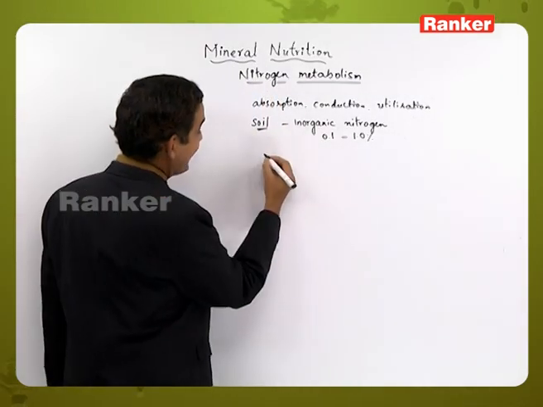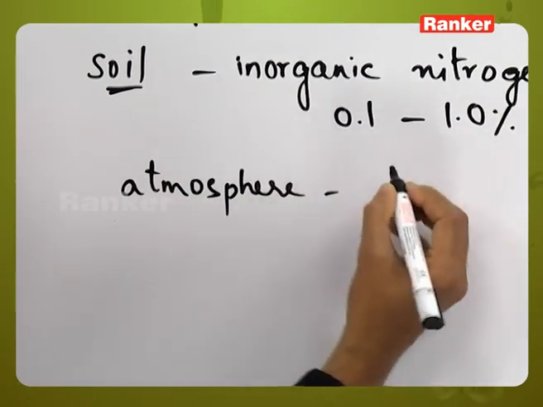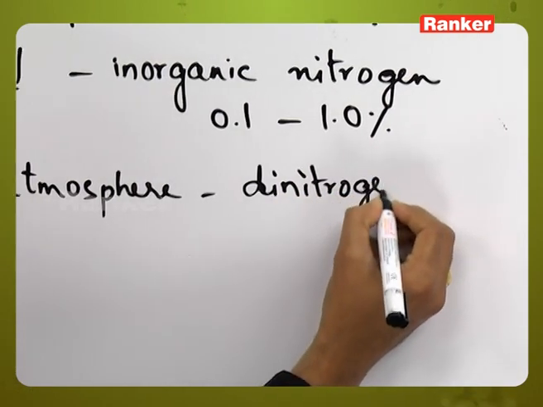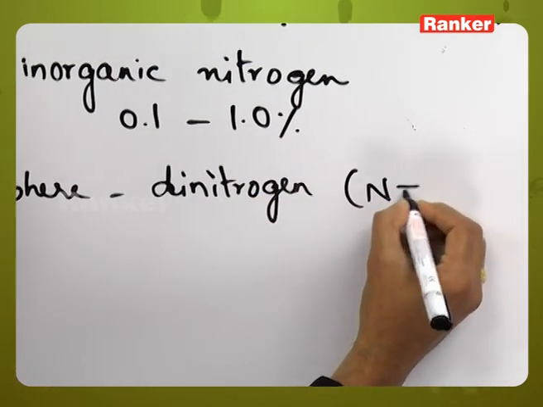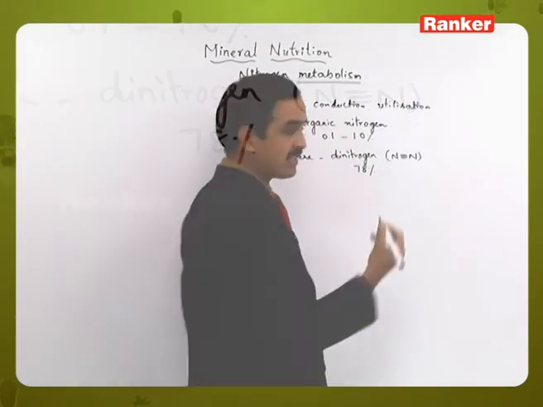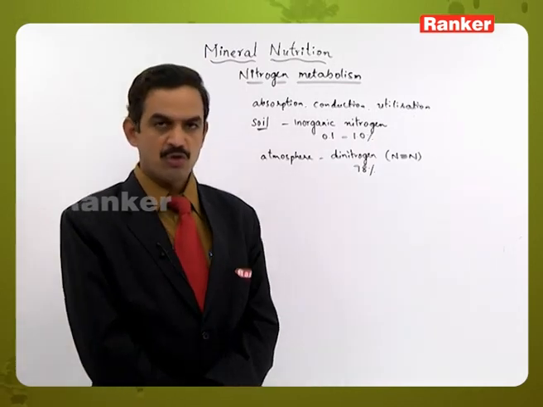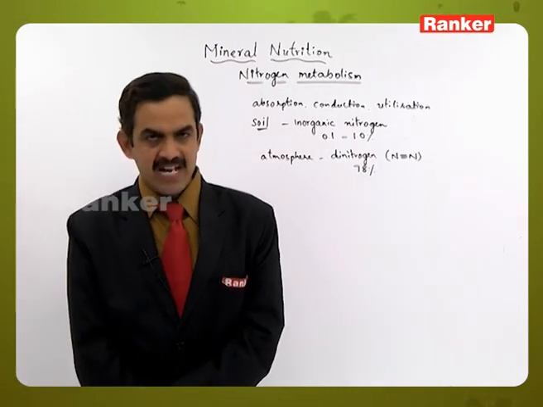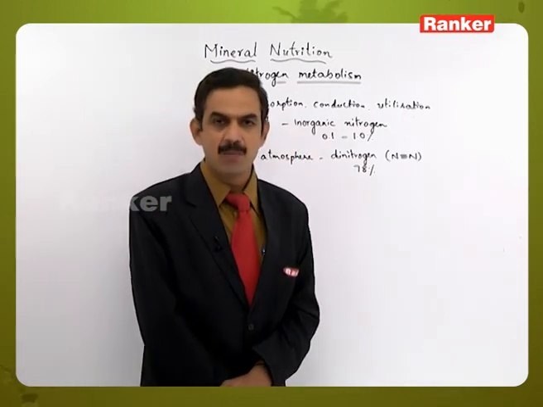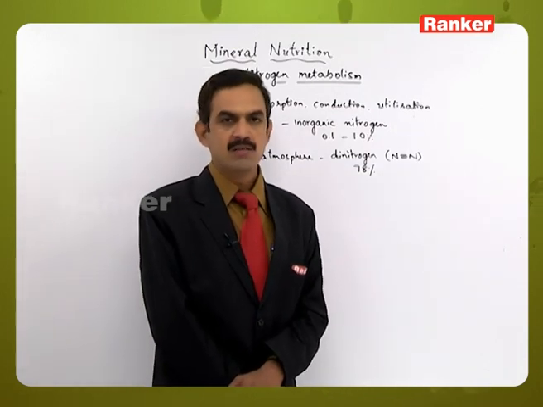But in the atmosphere, nitrogen is in the form of dinitrogen, represented as N triple bond N, which accounts for about 78%. Despite this 78%, higher plants cannot utilize dinitrogen directly. That is the reason why they depend upon the inorganic nitrogen available in the soil, which accounts for only 0.1 to 1%.